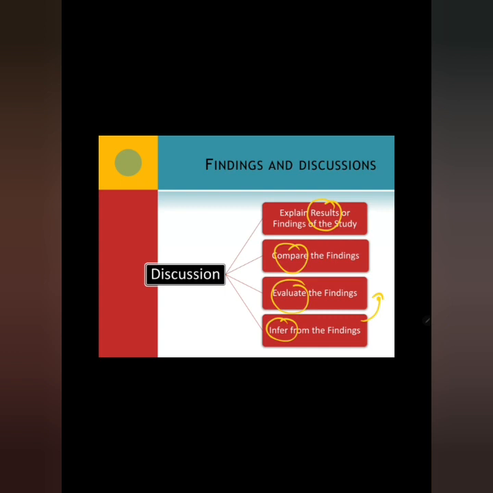Infer here means you can use the data within your findings, or with other studies. I'll show you the example with a sample.